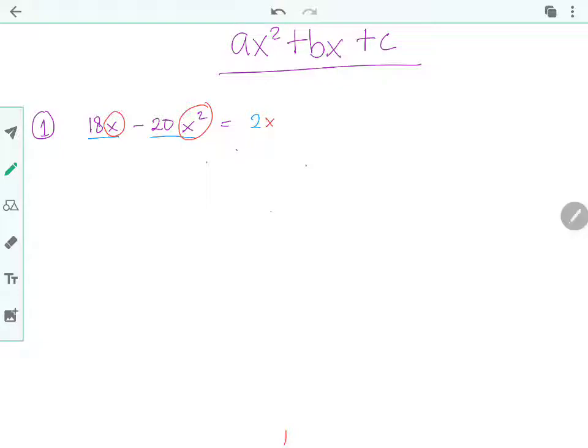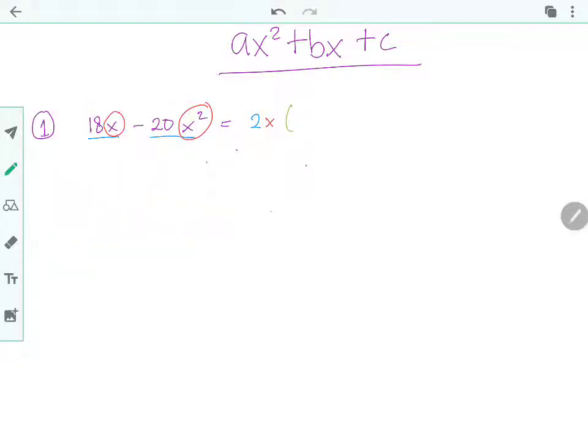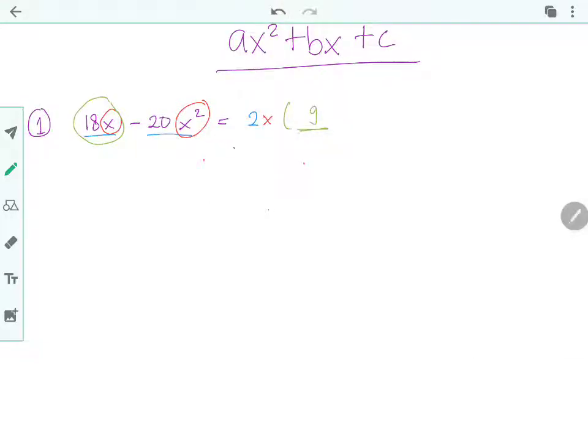Now 2x will be multiplied with what to get 18x? 2x needs to be multiplied by 9 to get 18x.